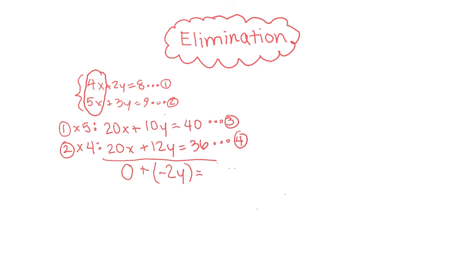Equals 40 minus 36, which is 4. Okay, so now we've got the equation: negative 2y equals 4. We need to divide both sides by negative 2 to isolate y and get the answer to the y variable. And then y equals, negative 2 divided by negative 2 is 1, and 4 divided by negative 2 is negative 2. So y equals negative 2.